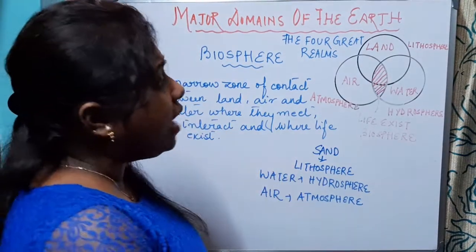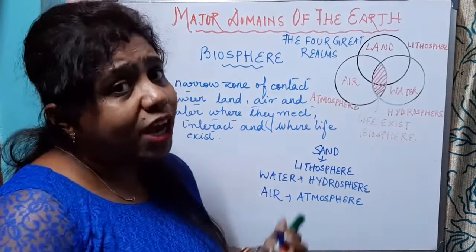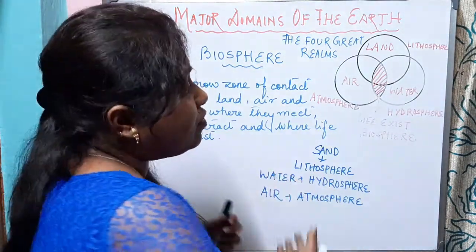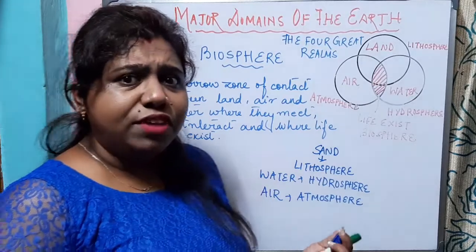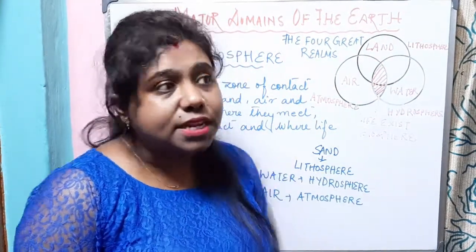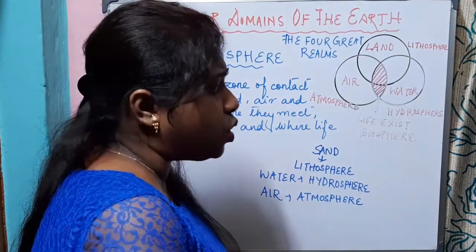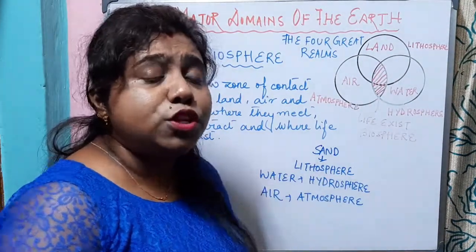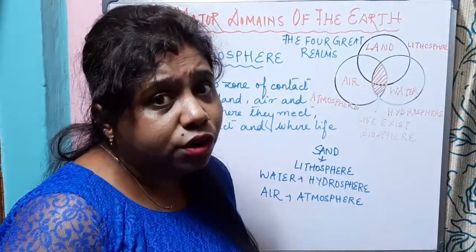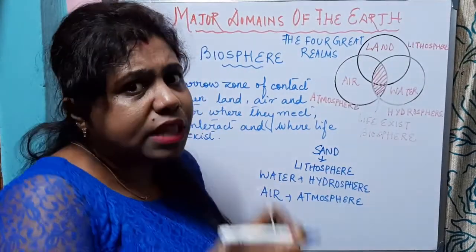Just imagine that if there is no land, from where will you get the nutrients, where will you live, where will you grow plants? If there is no air, how will you live? We cannot live without air for more than 3 minutes. Without water, we can survive for 3 days. We can survive for 30 days without food.